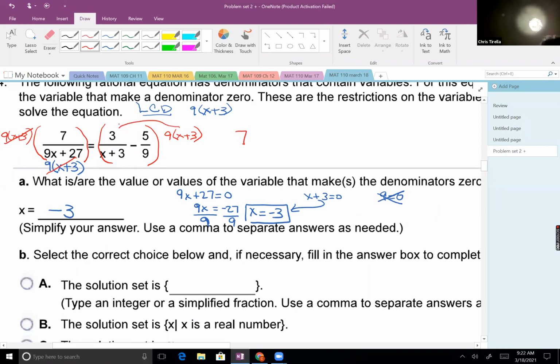On the right-hand side, I need to distribute, and so that would give me 3 over x plus 3 times 9 times x plus 3. And I'm going to put, that was a 3, by the way. Sorry. Put that over 1 minus 5 over 9 times 9 over x plus 3.